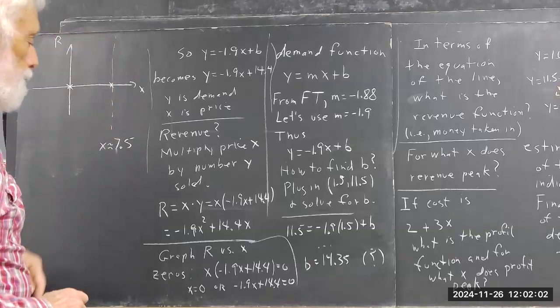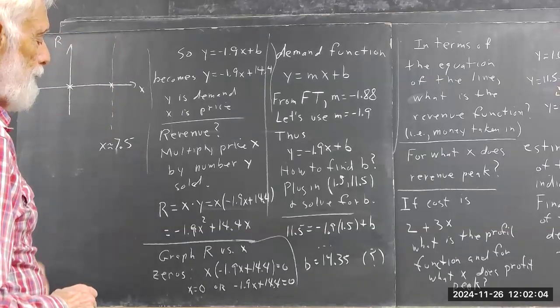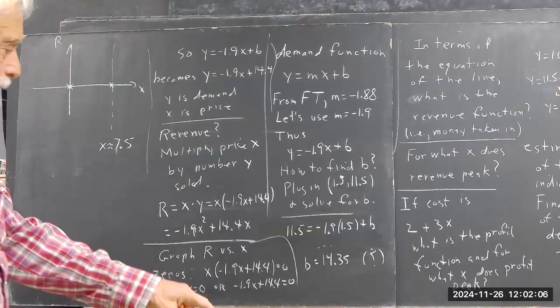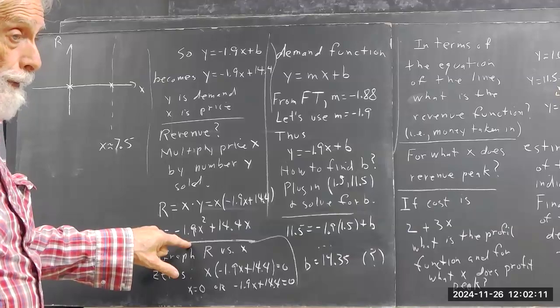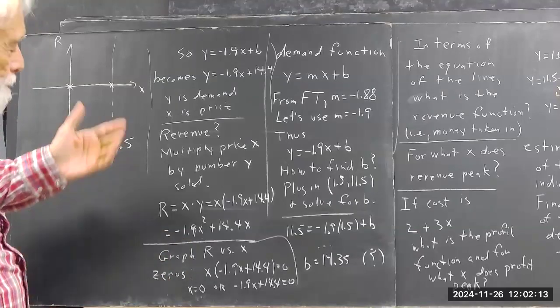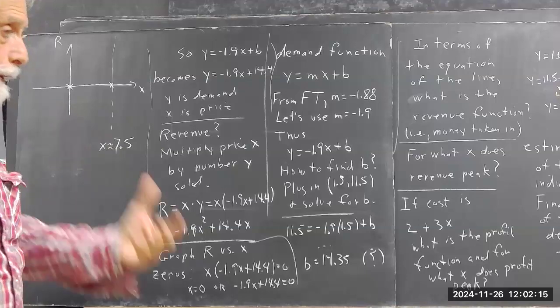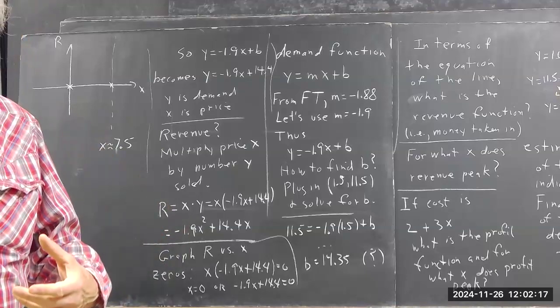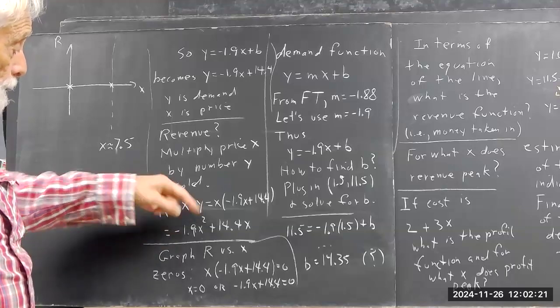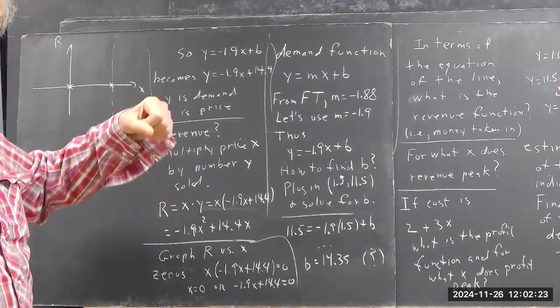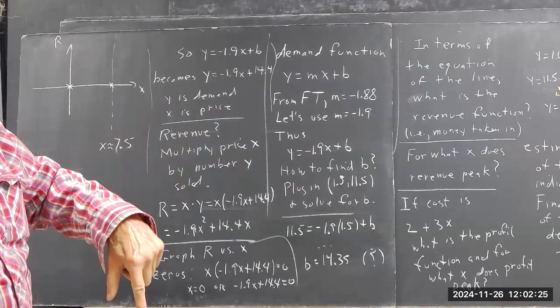We know that, because of the negative in front of 1.9x squared, this graph is going to be a transformed x squared graph. The transformation, first thing you're going to do is multiply x squared by negative 1.9. That's a vertical stretch and a reflection.